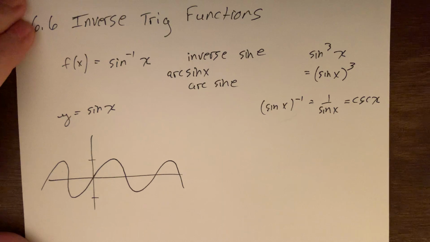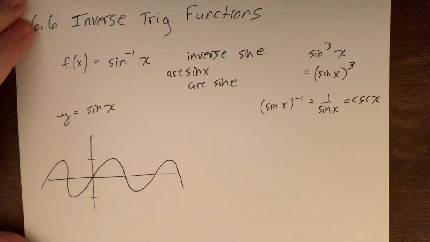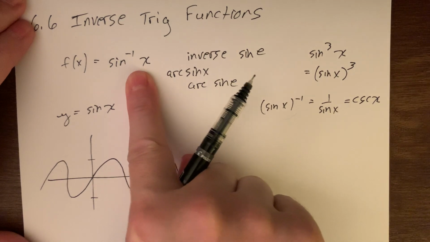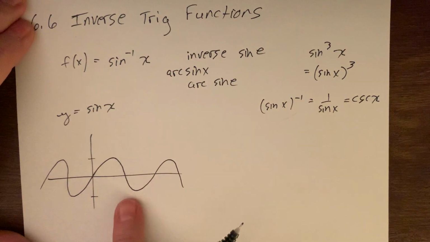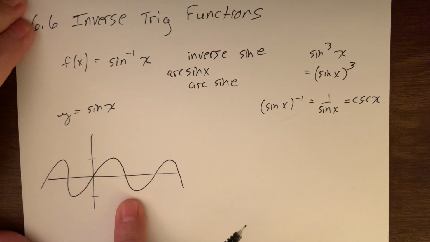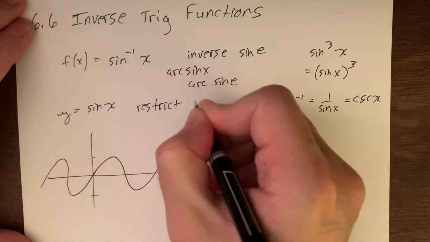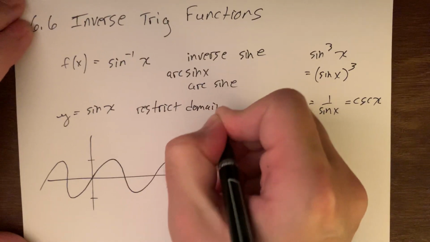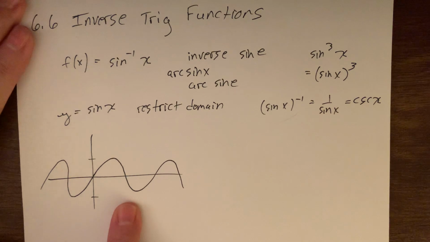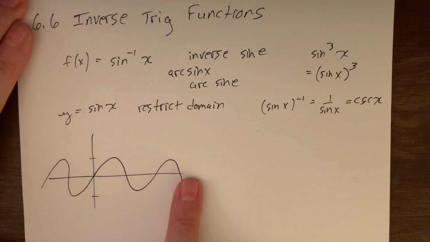So what we have to do here, we have to play a little game. We still want to define the inverse sine, but the issue is because the original does not satisfy the horizontal line test, the original function is not 1 to 1, what we have to do is restrict the domain. Typically, the domain of sine goes from negative infinity to positive infinity.